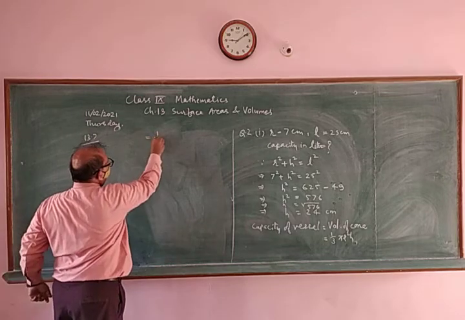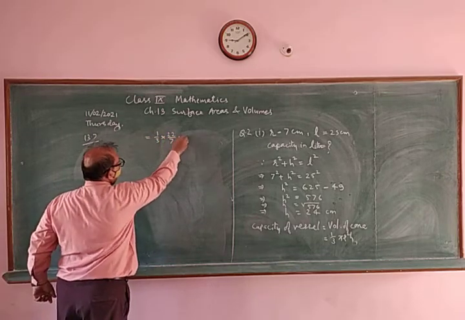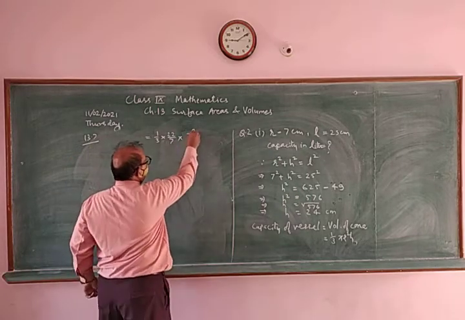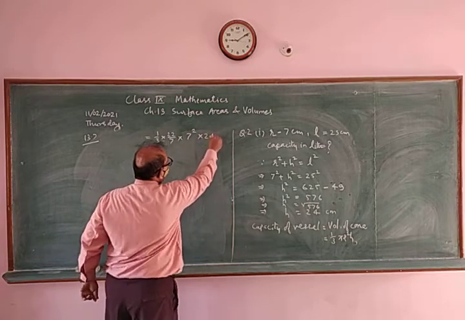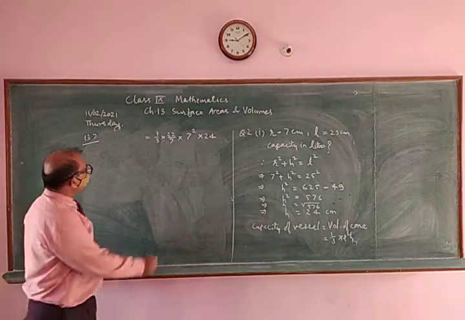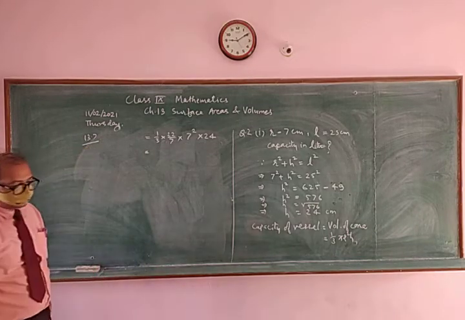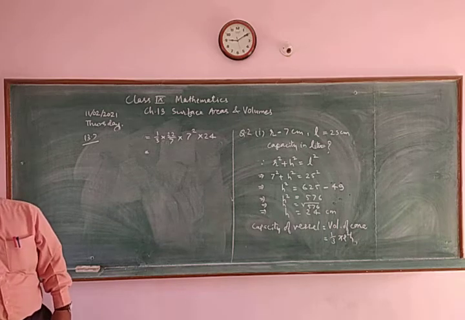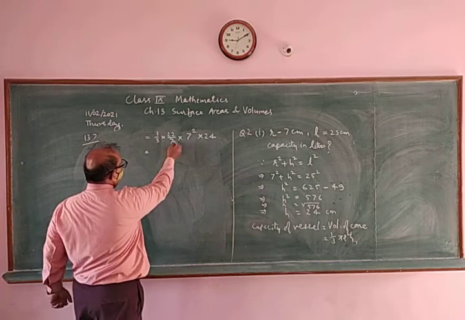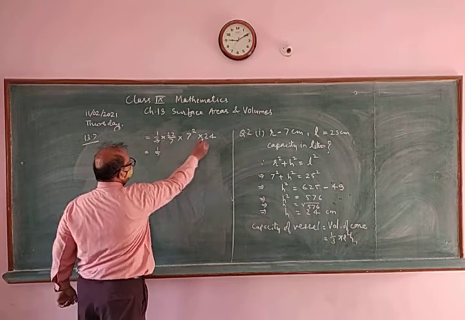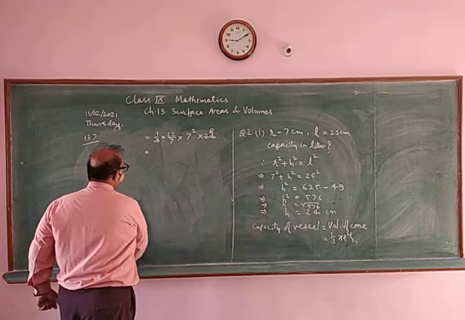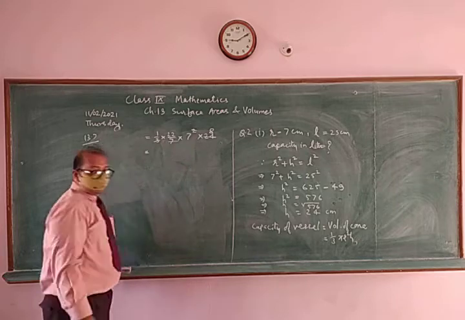So it is equal to 1/3 into pi, which is 22 by 7, into r square, where r is given as 7, so 7 square, into 24. 3 eights are 24. 7 and 7 square cancel.